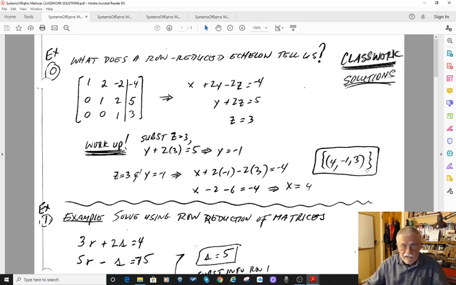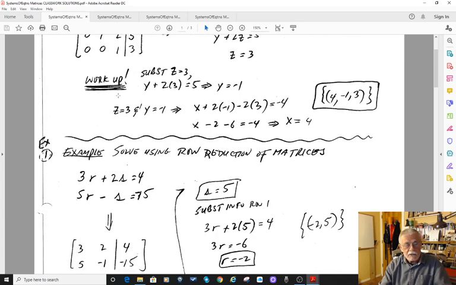So x, y, z in alphabetical order: (4, negative 1, 3). The parentheses mean it's a point in three-dimensional space, and the brackets mean it's a set, it's the solution. That's rather easy to do if the matrix has been put in row reduced echelon form. So that's why we do it.